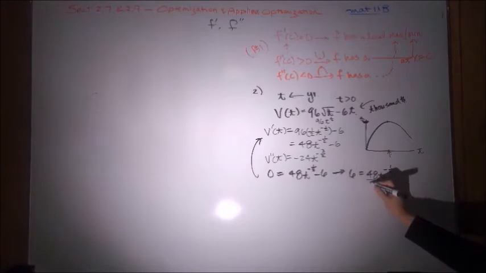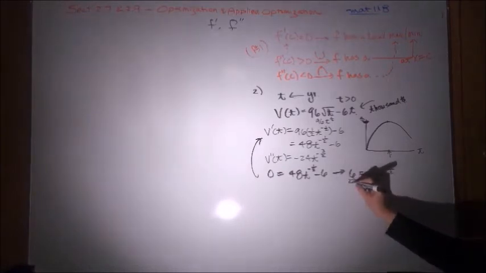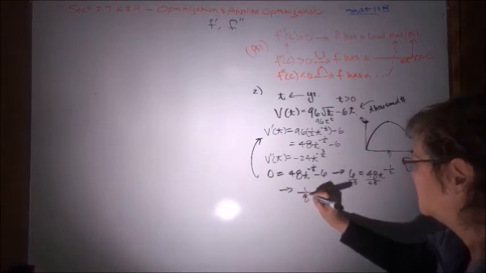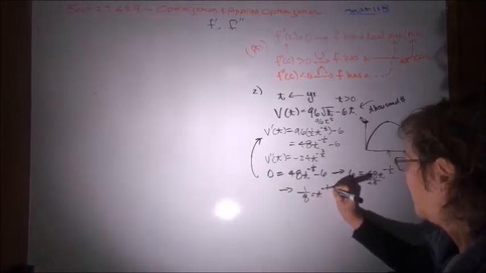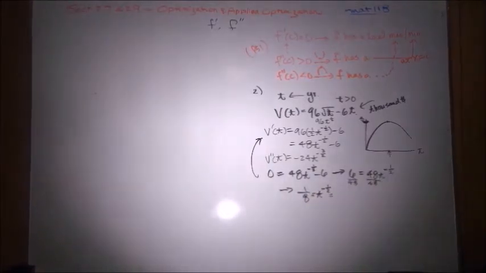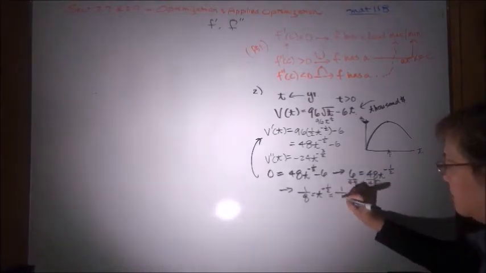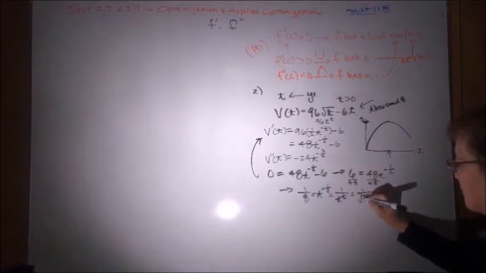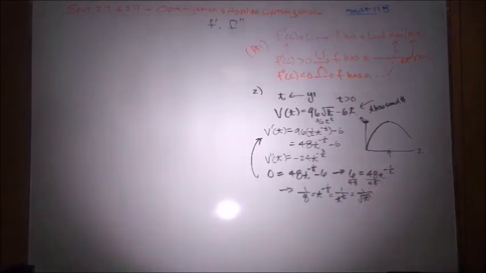Then you divide by 48. So what do we have? 1/8 equals t to the negative half. What does t to the negative half mean? Reciprocal. So 1 over t to the half, which is square root of t.